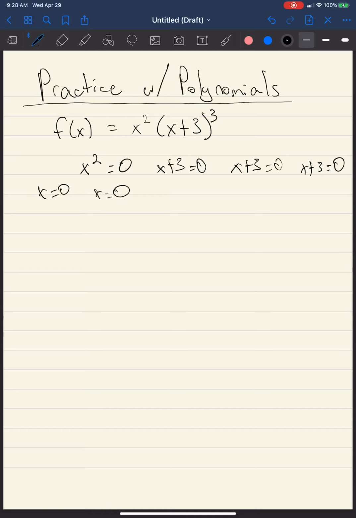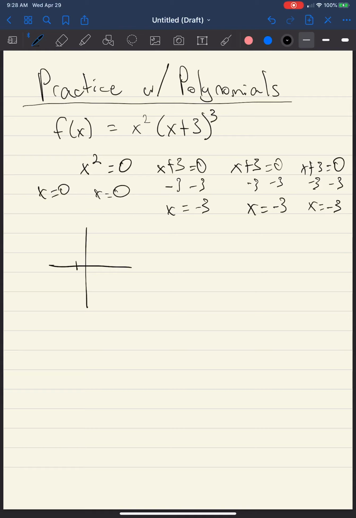And then real quick, x plus 3 equals 0. For all 3 of those, we do the exact same thing, just minus 3, and that gives us x equals negative 3. I'm going to draw a quick little graph.